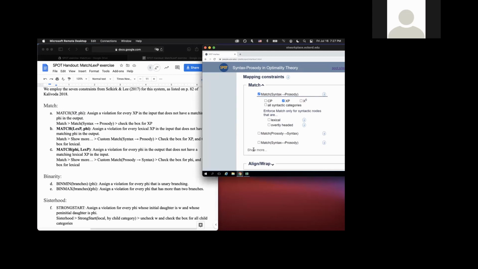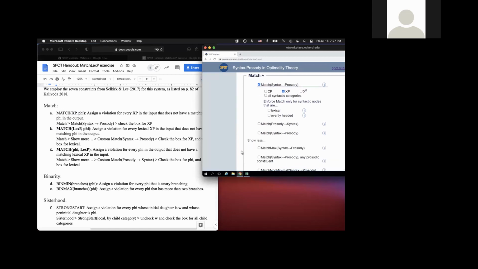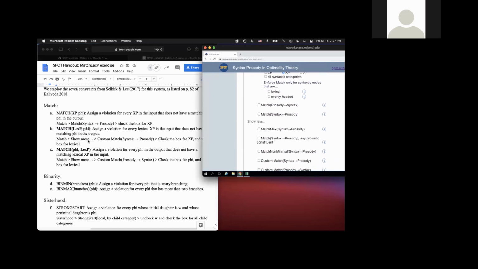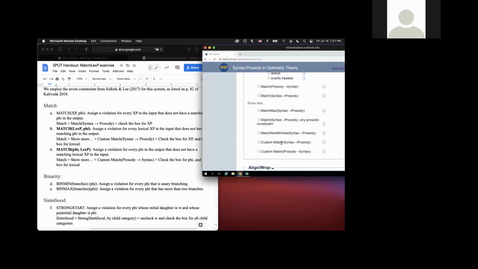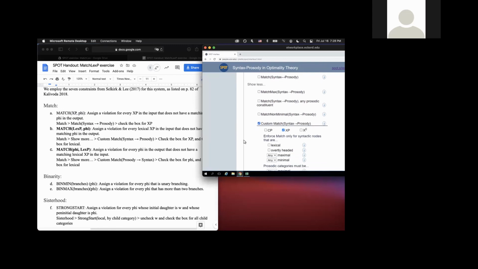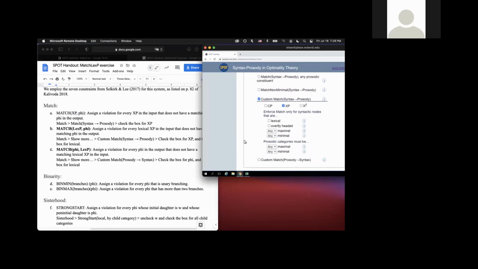Okay, so here's where it gets interesting. We get to click on show more. To create match a lexical phrase to a phi, we're going to go to custom match syntax to prosody. This is custom because there are a lot of different options here for what exactly we want to get matched.